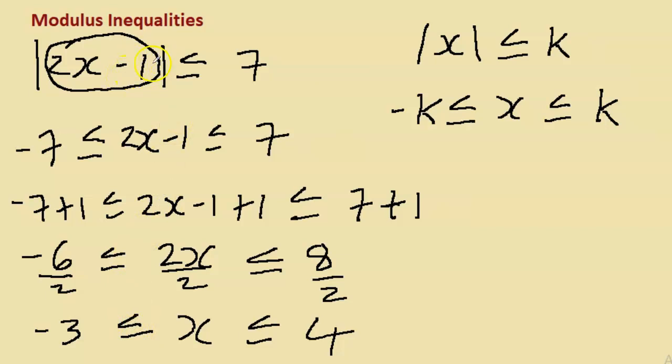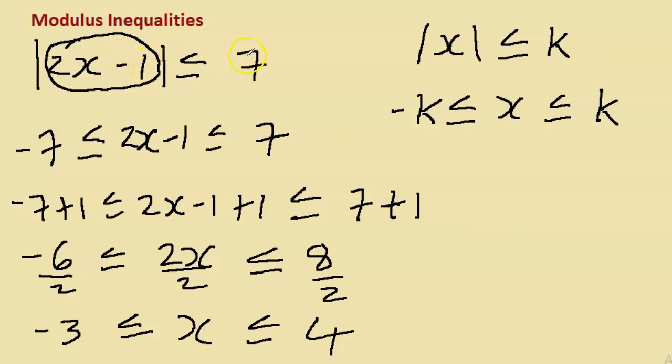We can always check. Let's try a value that lies between 4 and negative 3. Let's try 1. 2 times 1 is 2. So in the bracket here, you have 2 minus 1, which is 1. Is 1 less than 7? Yes. Let's try 4, because x can be equal to 4. 2 times 4 is 8, and 8 minus 1 is 7.